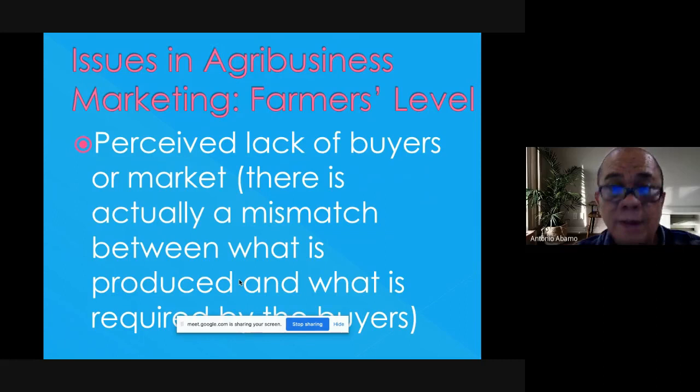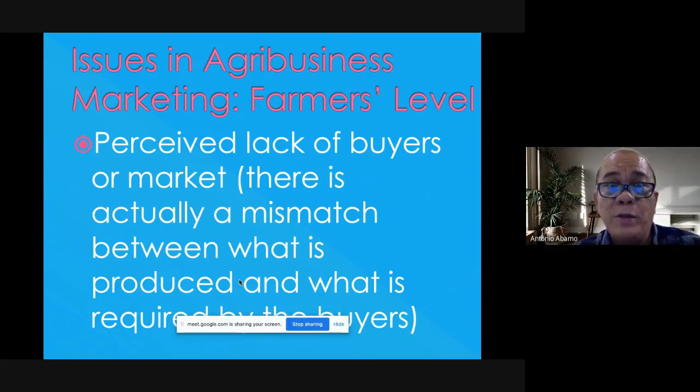Small cacao farmers sell only a few gantas of cacao beans or maybe a few kilos, not even 50 kilos every month. That's not the right quantity that the buyer needs. The other thing, the farmers are also not producing the right quality of cacao beans that the buyer needs.